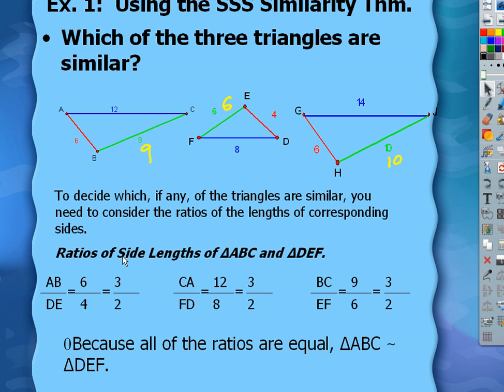So 6/4 reduces to 3/2. 12/8 reduces to 3/2. What about the yellow sides? 9/6 also reduces to 3/2. So we know then that the first two are similar because the corresponding sides are all in the same ratio. The same scale factor tells us the relative sizes of those.